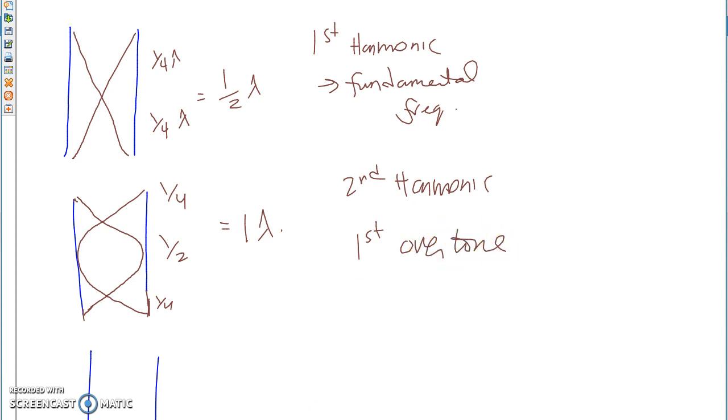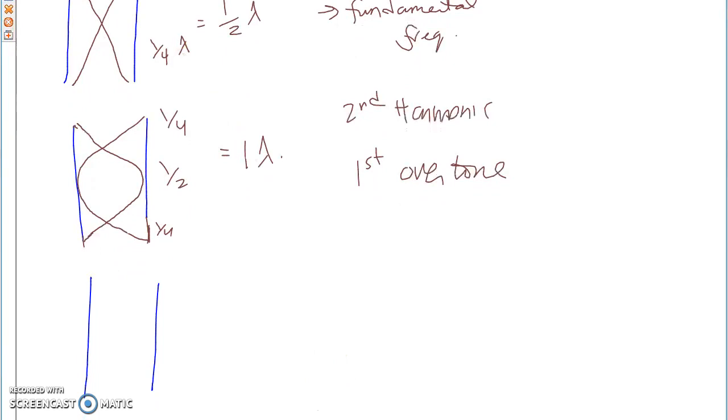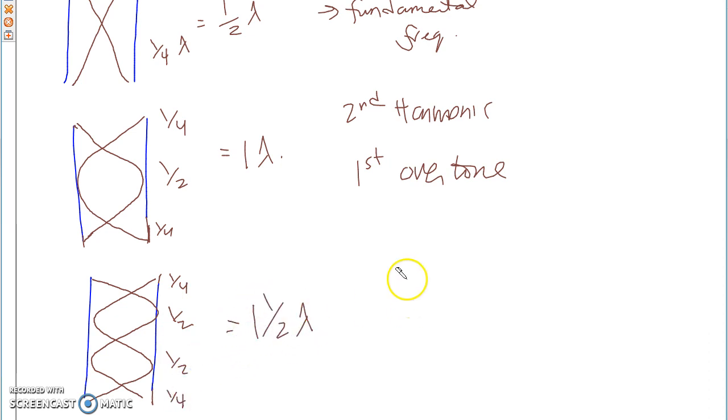And then we continue to the next one after that. We get something like this: 1/4, 1/2, 1/2, 1/4, which is 1.5 lambda. Third harmonic, second overtone.